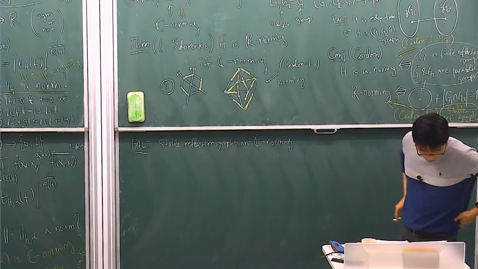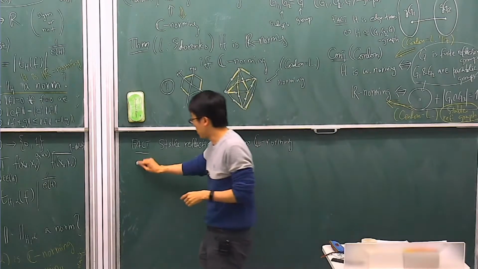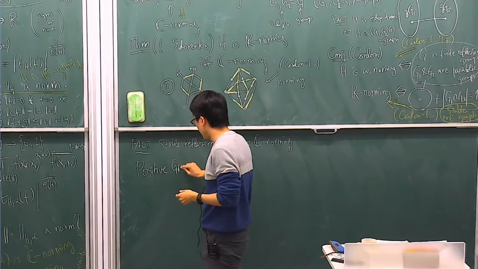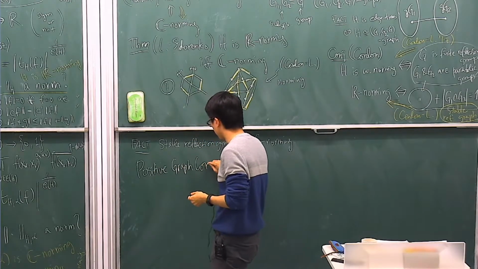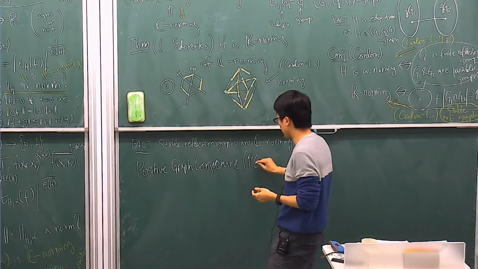And there's another interesting conjecture, which is the positive graph conjecture. Let me just call it PGC.